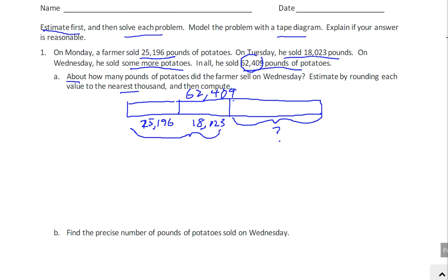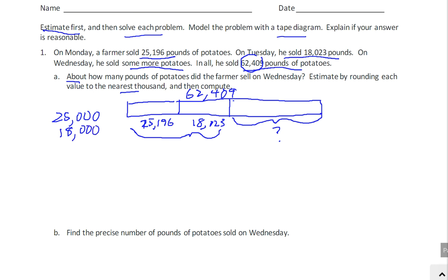I have to figure out how much this is and then subtract it from the 62,409. So let's estimate that first. If we round 25,196 to the nearest thousand, it's going to be 25,000, and 18,023 is going to be close to 18,000.